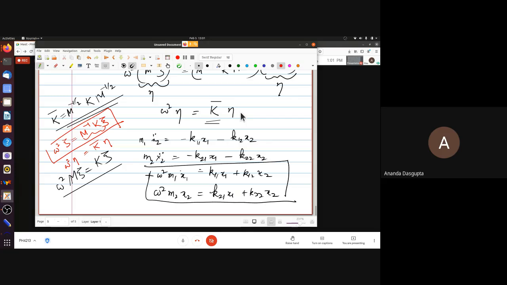It's again a diagonal matrix, really just this matrix, with m3 and so on. So you just multiply k on the left by this and on the right by this, and you have a new matrix k bar. I'm pretty sure this derivation that omega square eta is k bar eta should be sort of obvious.